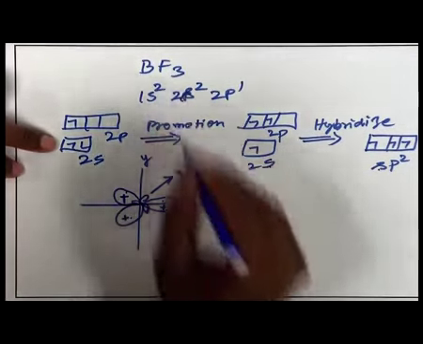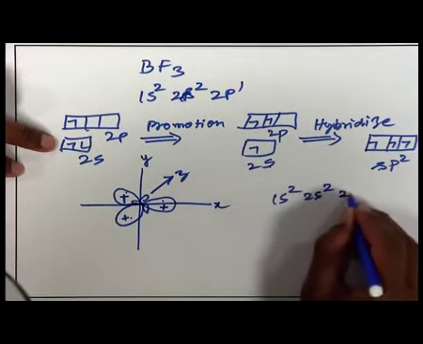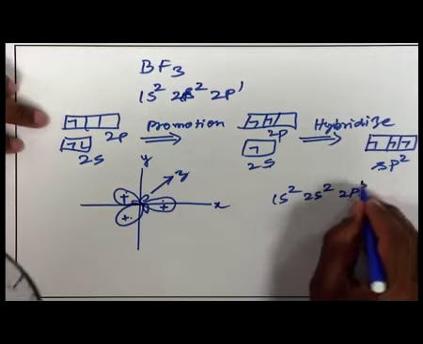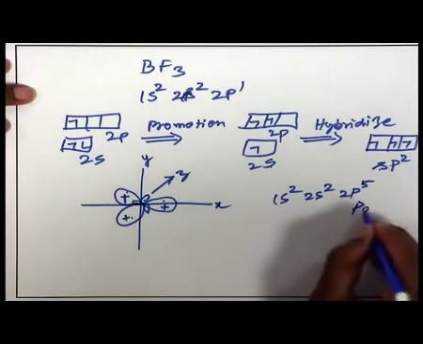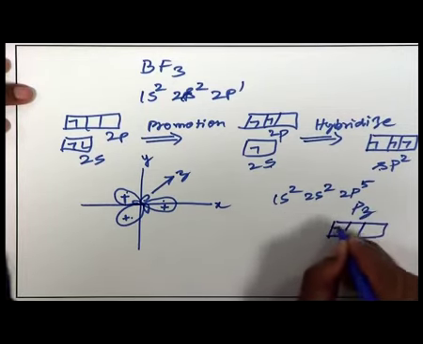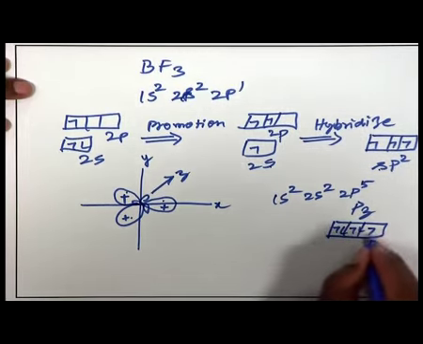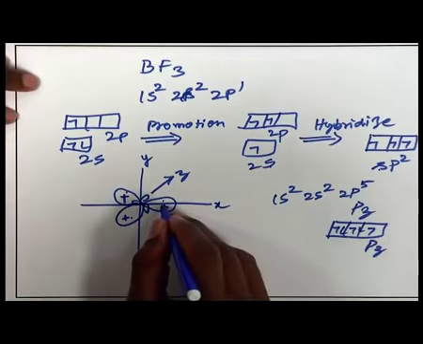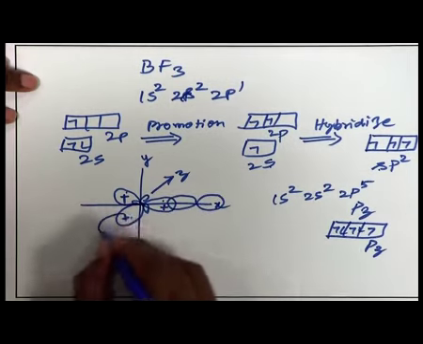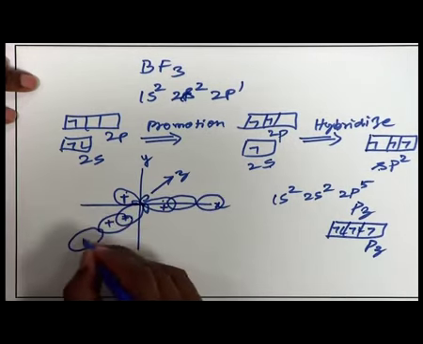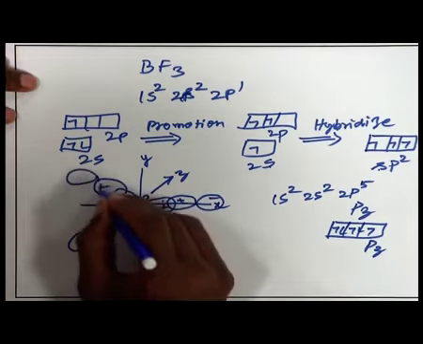For example, fluorine has the electronic configuration 1s2, 2s2, 2p5. It has 1 unpaired electron in the pz orbital, which can combine with the hybridized orbital of the boron atom and form a bond like this, positive and negative.